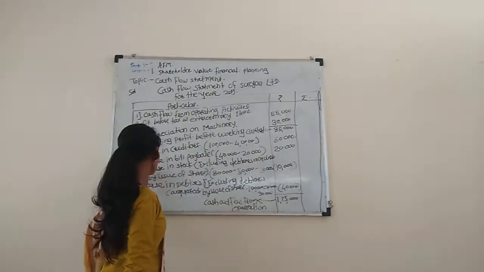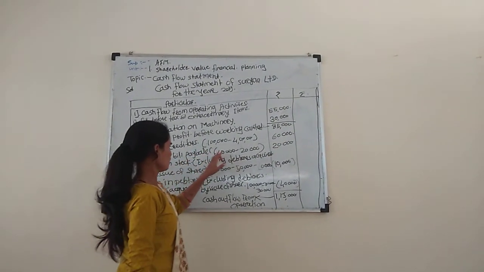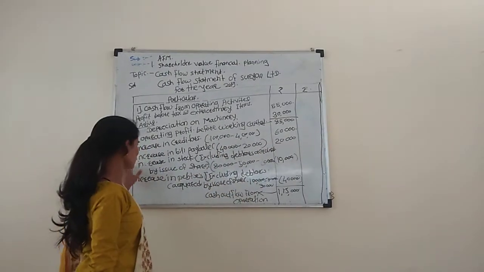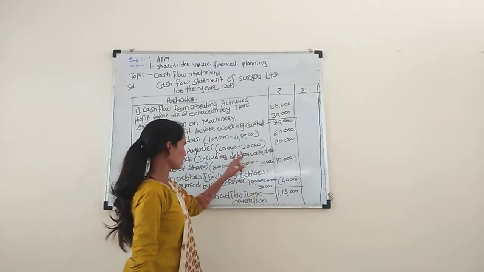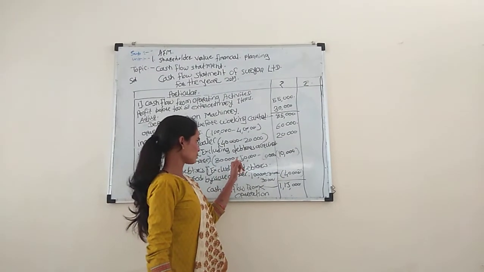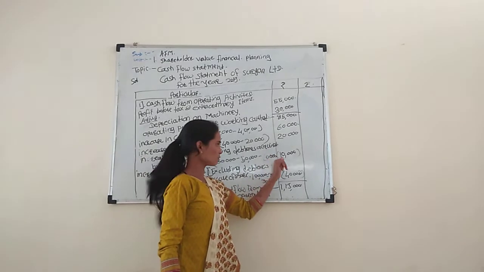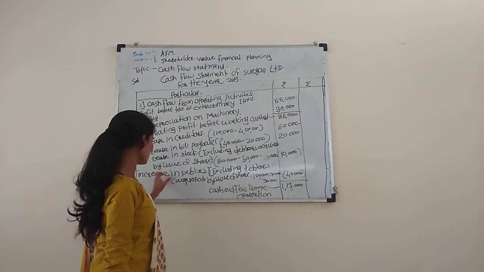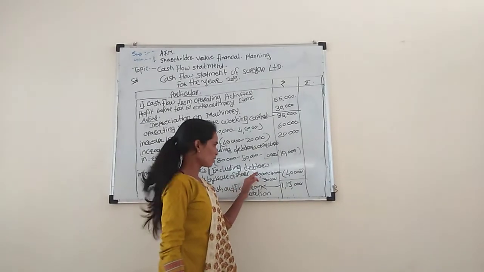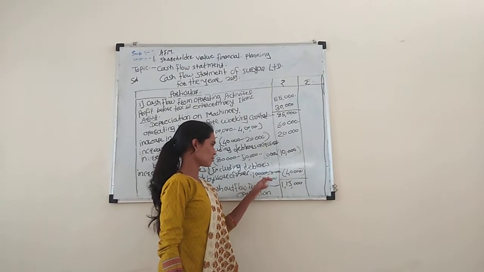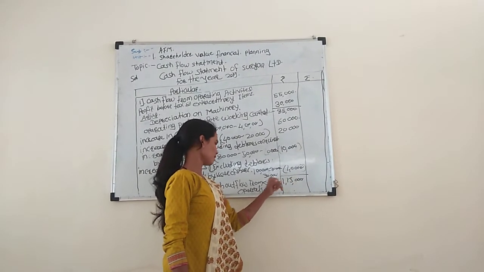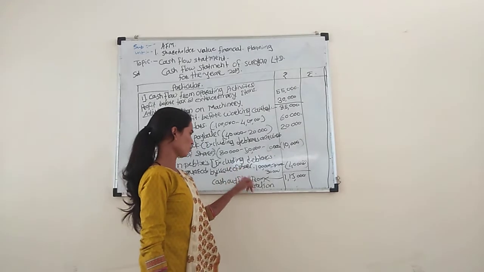Increase in bills payable: 40,000 minus 20,000 is equal to 20,000. Increase in stock excluding debtors acquired by issue of shares: 80,000 minus 50,000 minus 20,000 is equal to 10,000. Increase in debtors excluding debtors acquired by issue of shares: 1 lakh minus 30,000 minus 30,000 is equal to 40,000. This is called cash outflow from operations.